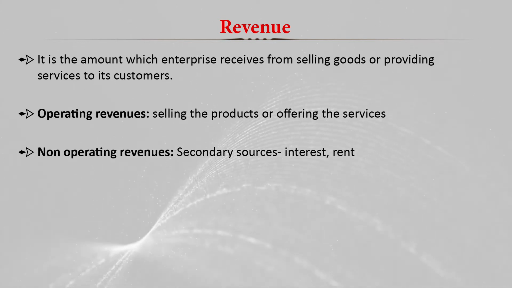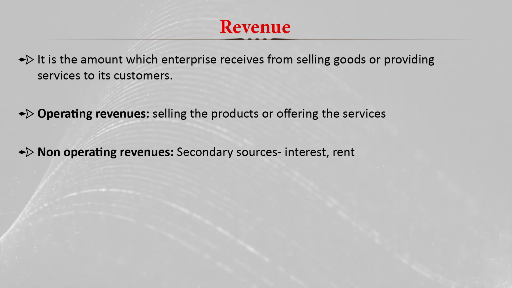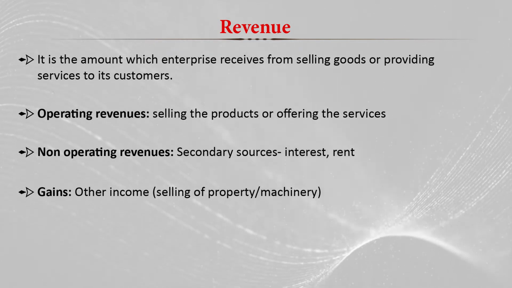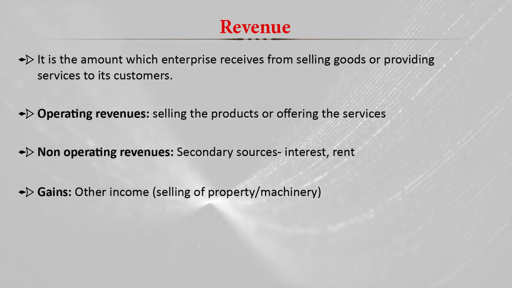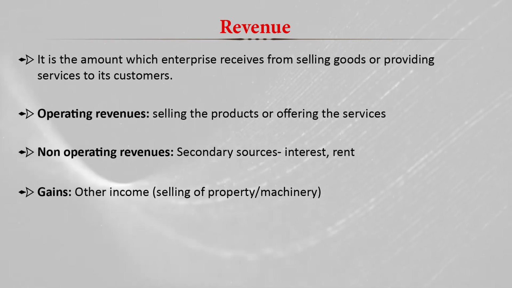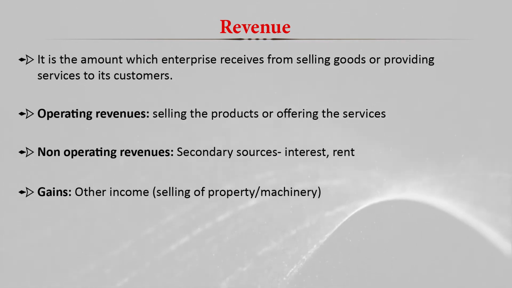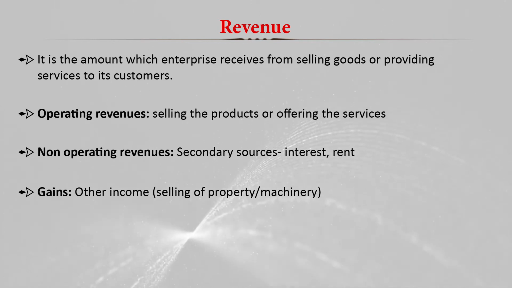That is also part of the revenue, but it is treated as non-operating revenue. Then other incomes are also there, like if you have idle machinery and you sell that machinery, or some property of the firm, that is basically other gain, which is also included in the revenue.